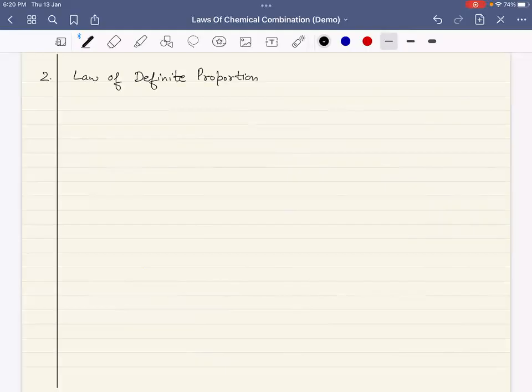The law of definite proportion says that irrespective of the source of a compound, the ratio of the elements by mass will be the same irrespective of the source.